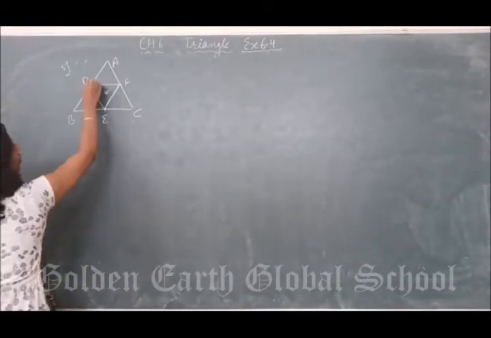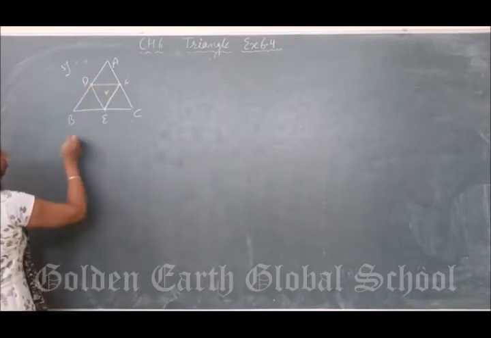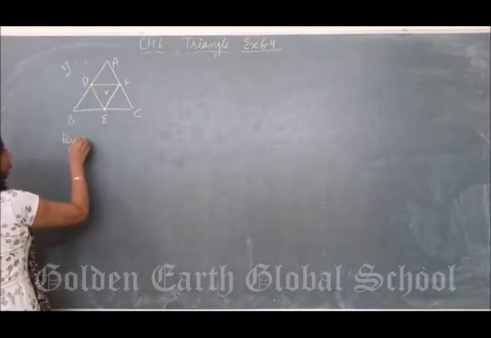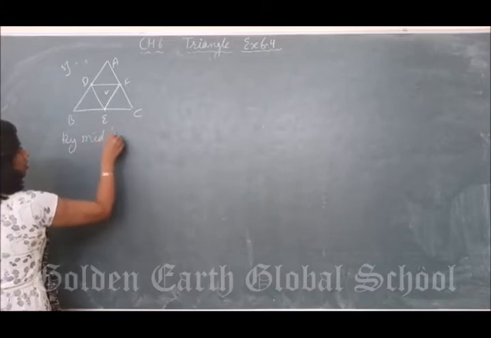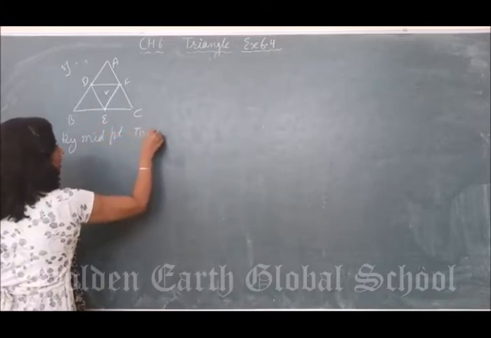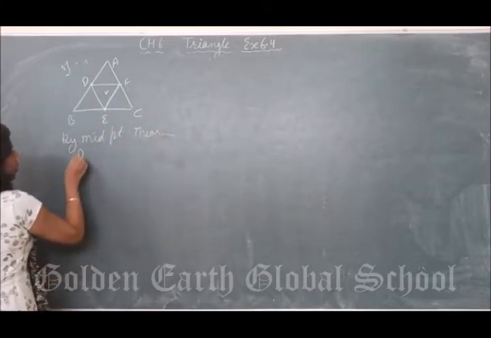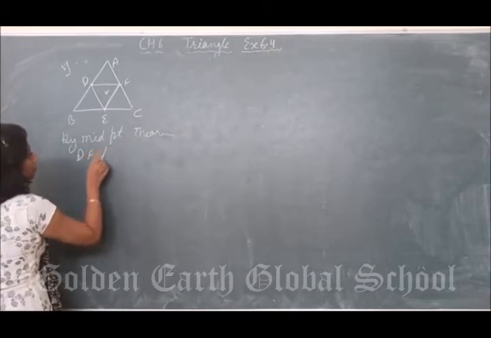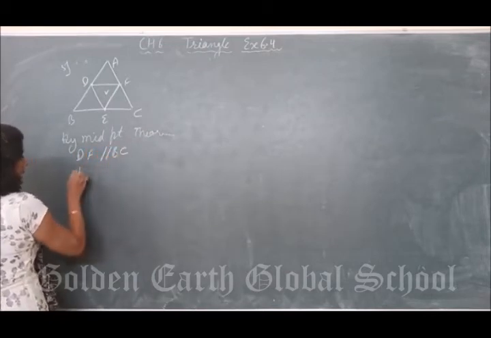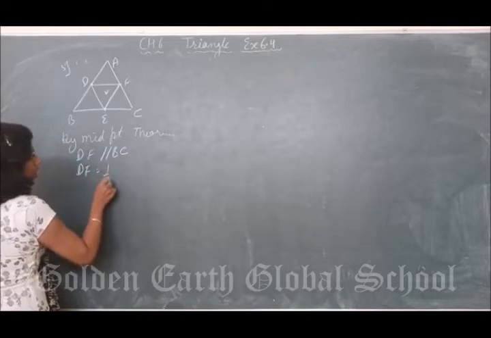Now, you know, by the midpoint theorem, we can say DF is parallel to BC and DF is equal to half of BC.